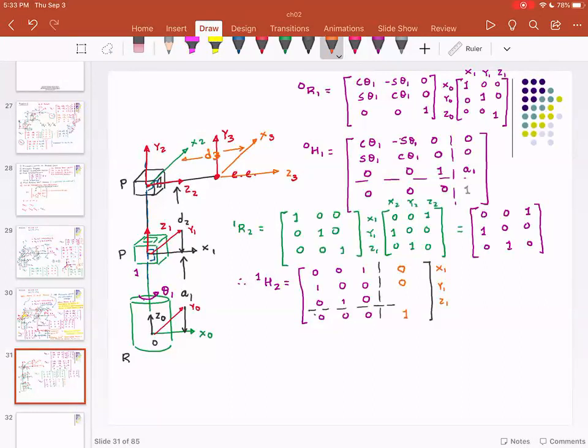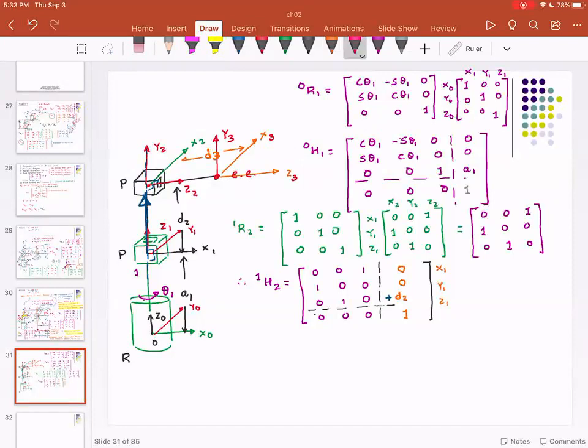Along z1 is d2. And please note, I have to be very careful here. Note that z1 is going upwards. So this is the direction. So that's why it's positive. It is positive because it's aligned with the direction z1.